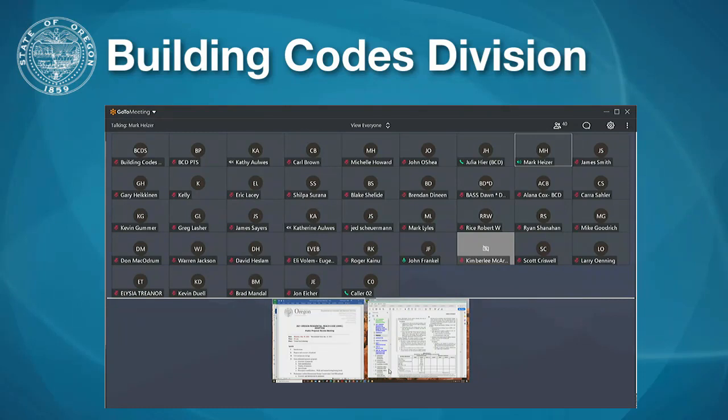All right, everyone, thank you very much. Welcome to Building Codes Division's review of the 2021 Oregon Residential Reach Code adoption first meeting. As noted, we'd like to do a really quick overview of introductions from everyone who's on board.